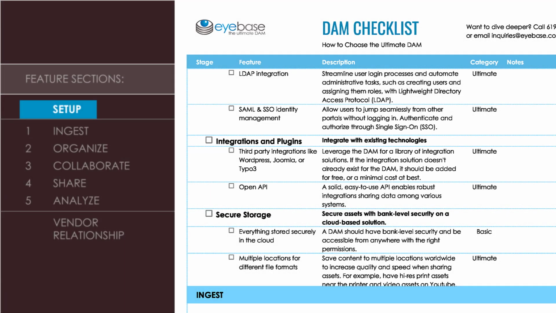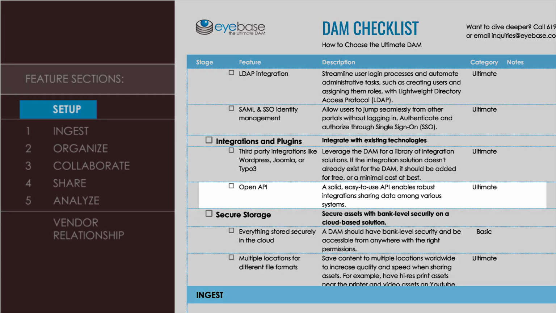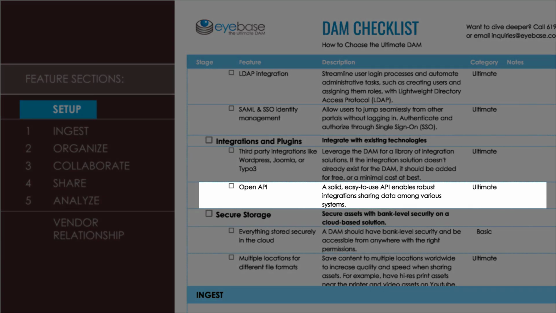Now, an ultimate system would have a more powerful open API so that I can make requests to it. I can even include a saved query in that. We talked earlier about Hotelier Swiss. That API there says to Expedia, go grab these room type images for this room type.